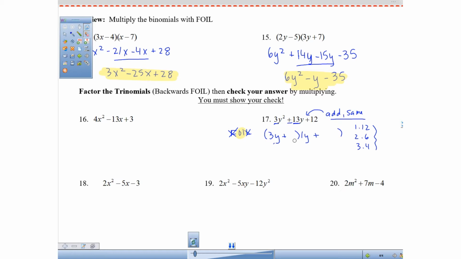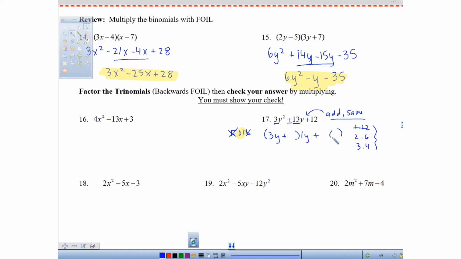So it could be this. Could be 12 there and 1 there. Well, that's going to give me 3y and 12y, which adds to give me 15y, and that is also not correct. So I know that 1 and 12 is not my correct pair.